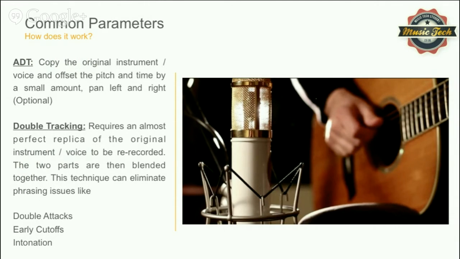And you can offset the pitch as well if you want to, and I'll show you how to do that. Like I said before, one of the common techniques of ADT is panning one hard left and one hard right. I'll show you that one in a second as well.